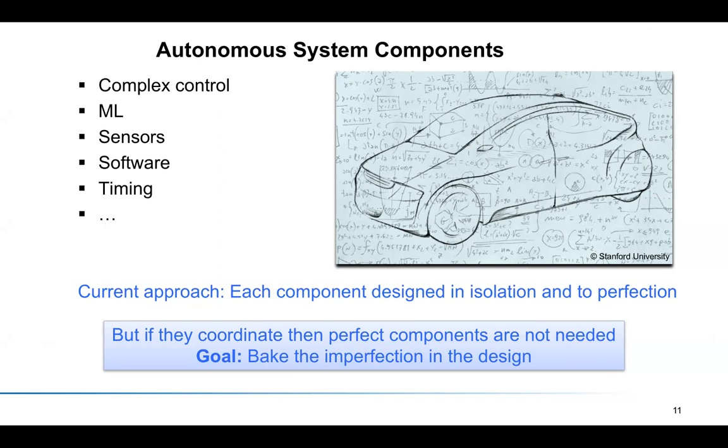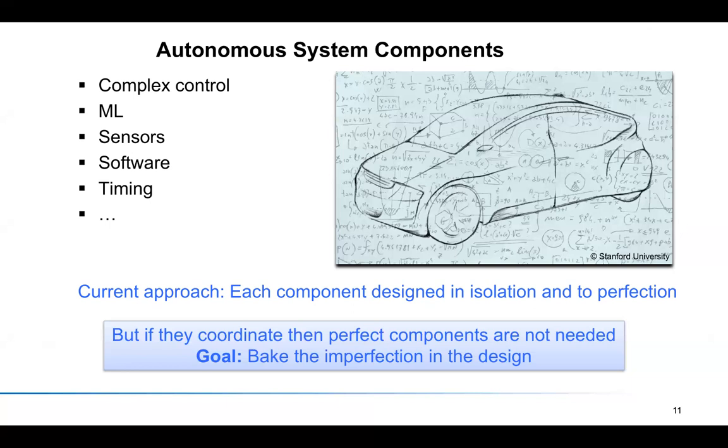There is the design and the processing of the sensors. There is a lot of software. When you translate your models into software, the semantics of the software might be somewhat different from the semantics at the model level. There are issues related to timing. So all of these components are essentially put together, and that is what results in your overall system.